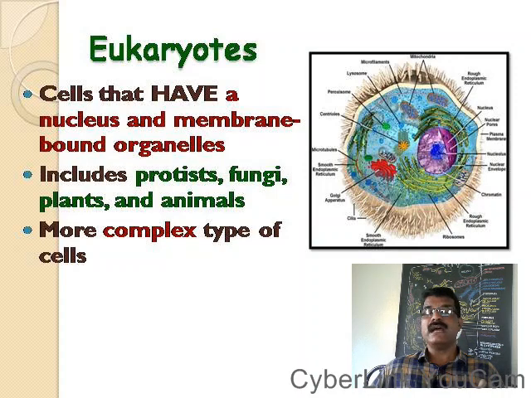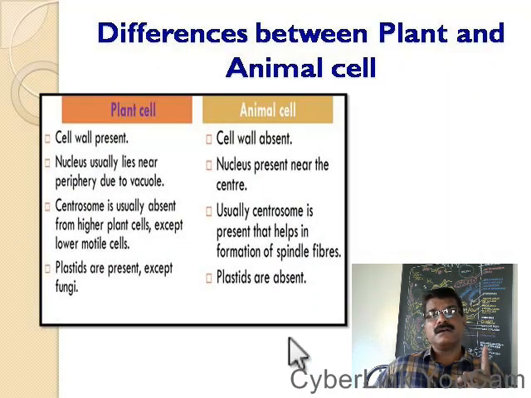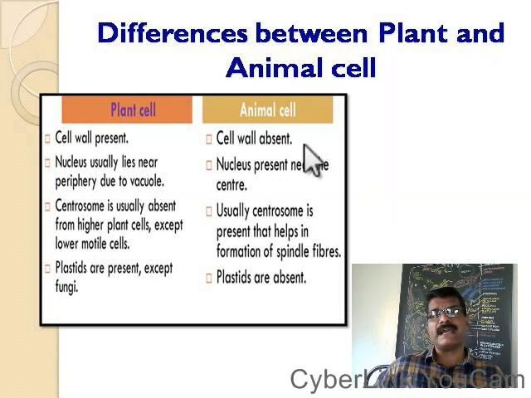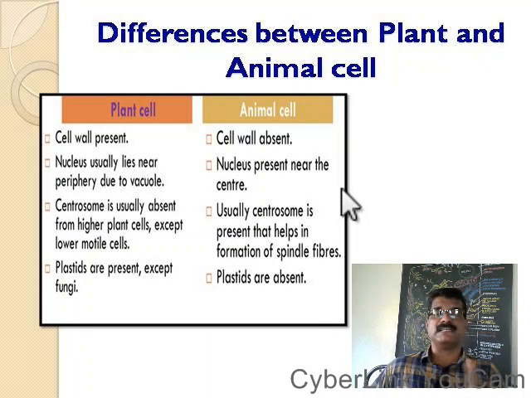Now, so far we discussed plant cell and animal cell, and I just completed eukaryotic cell and prokaryotic cell. Whether it is a plant cell or animal cell, both are eukaryotic cells. Now, after studying both, we can conclude that they possess certain differences.